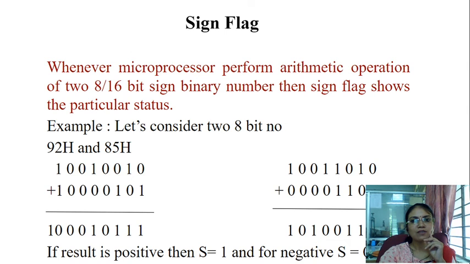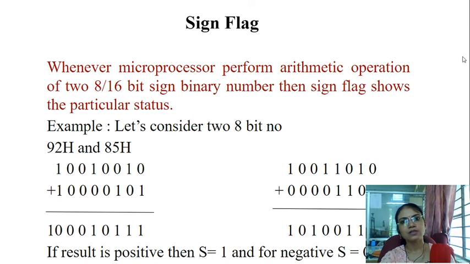So if the microprocessor performs arithmetic operation of two 8/16 bit signed binary numbers, then this sign flag will show the particular status. मीन्स ये फ्लैग हमें कब स्टेटस शो करेगा, अगर हमारे जो गिवन नंबर्स है 8/16 बिट नंबर्स, वो अगर साइन बाइनरी नंबर्स है, उस केस में ये साइन फ्लैग पर्टिकुलर स्टेटस दिखाएगा.